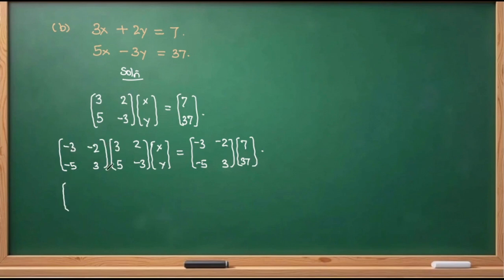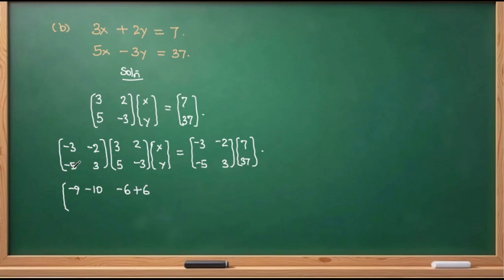Now we can perform our multiplication for this matrix. Negative 3 times 3, we get negative 9. And then negative 2 times 5, we get negative 10. And then we move on. Negative 3 times 2, we get negative 6. And then negative 2 times negative 3, we get positive 6.